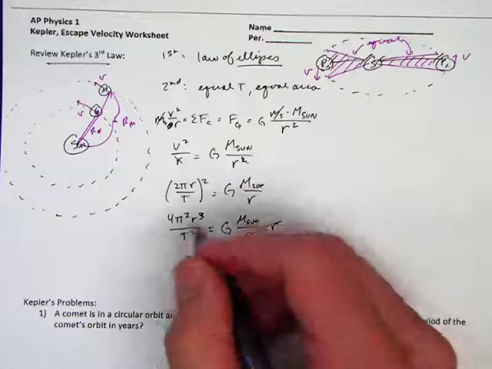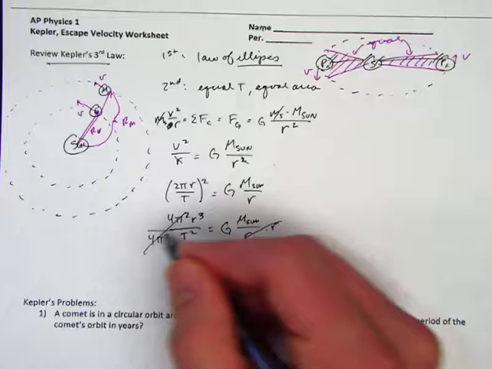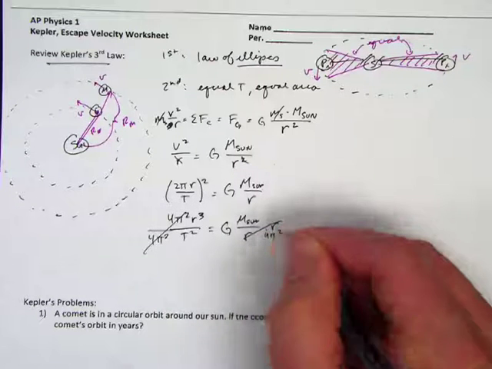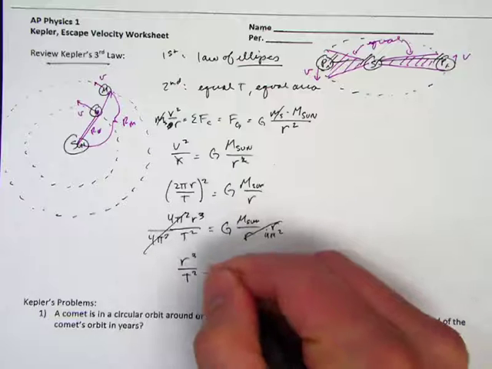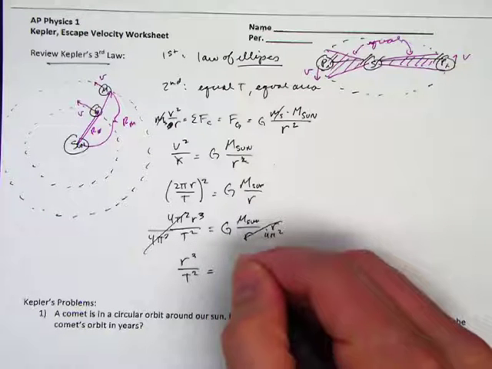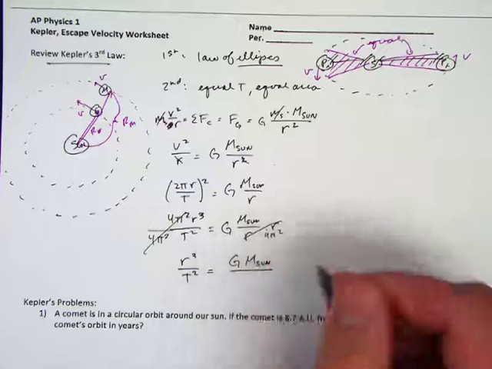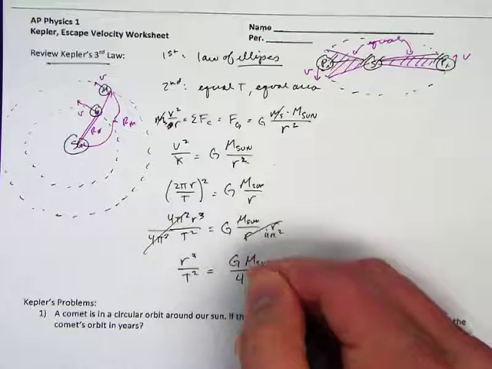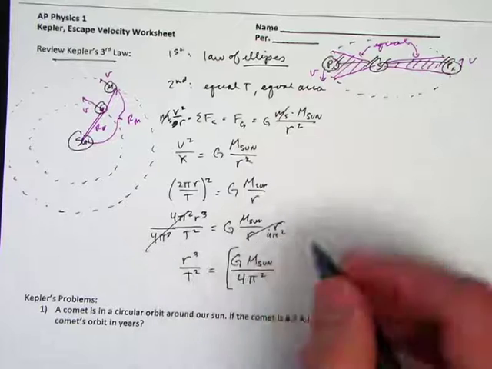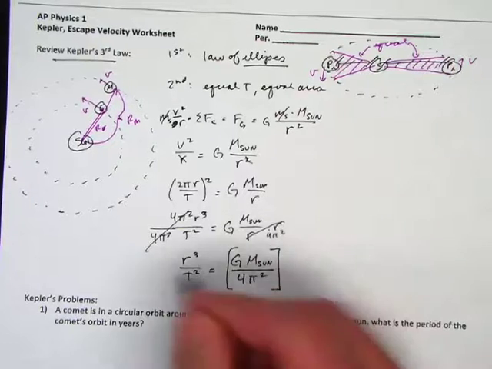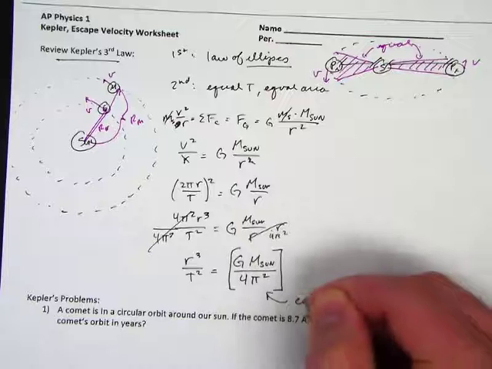So if I bring the 4 pi squared over to the other side by dividing by 4 pi squared, what I see is for any given satellite around a certain object, in this case the sun, the ratio of the cube of their orbital radius to the square of their period is constant.